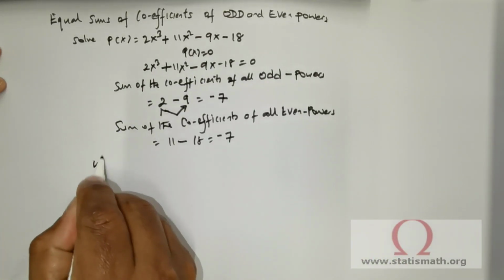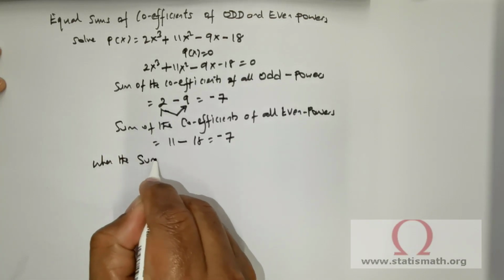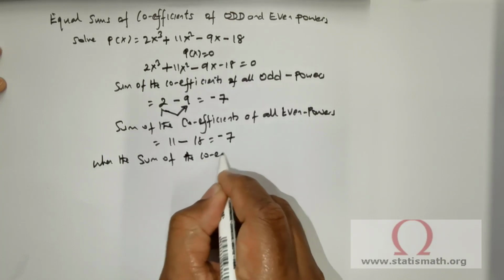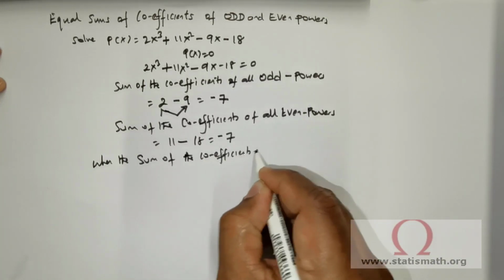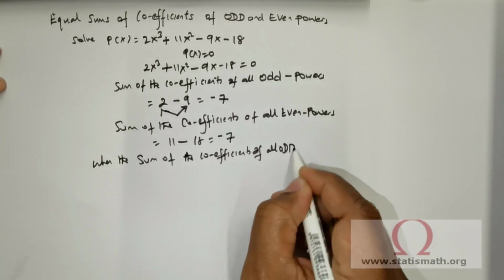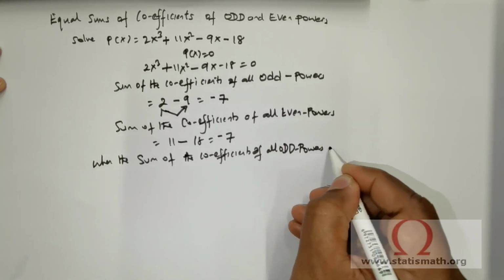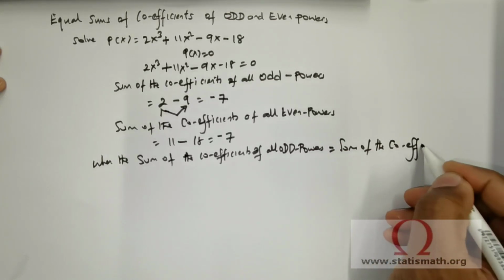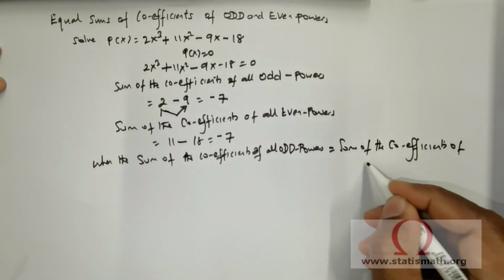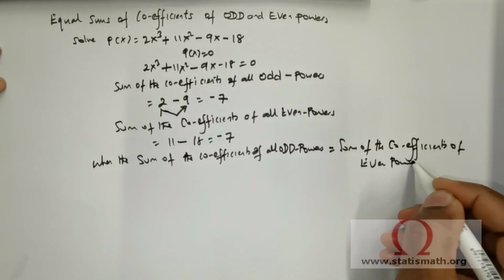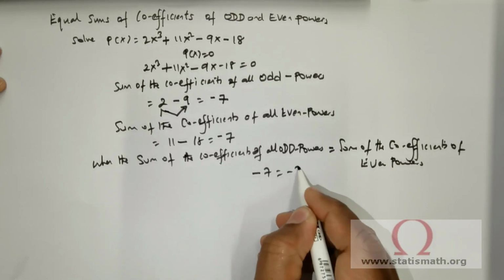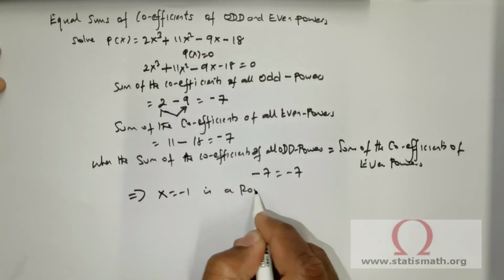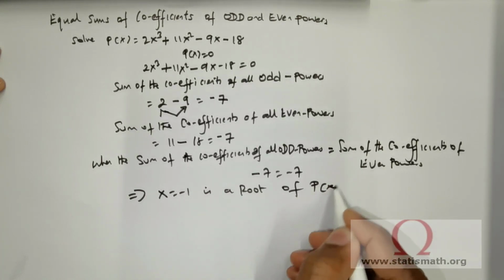Now the condition is, when the sum of the coefficients of all odd powers equals the sum of the coefficients of even powers, so in this case −7 is equal to −7, then that would imply x = −1 is a root of the polynomial p of x.